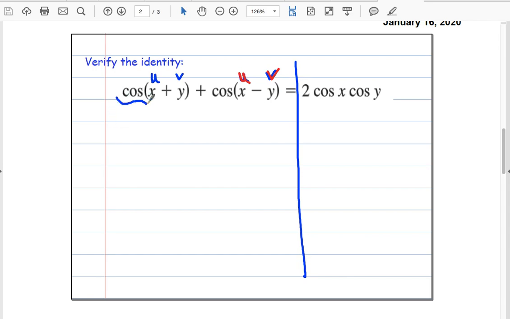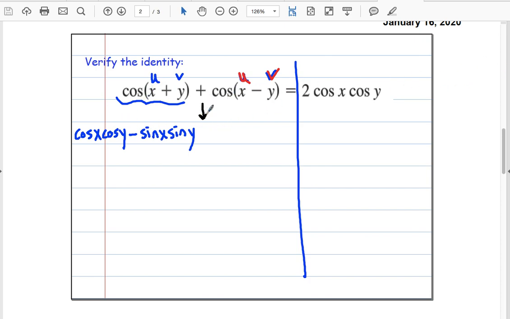So this first one right here, cosine u plus v, following the formula, it would be cosine x cosine y minus sine x sine y. Again, we're replacing the u's and the v's with the x's and the y's.